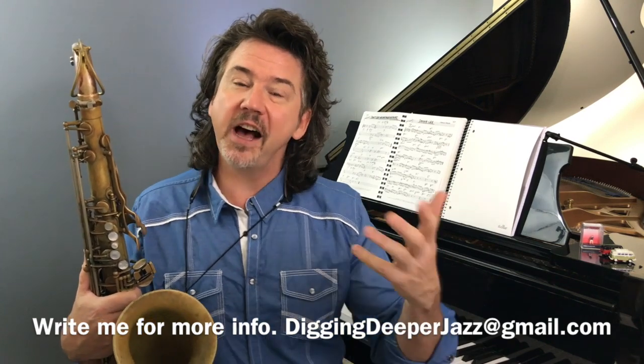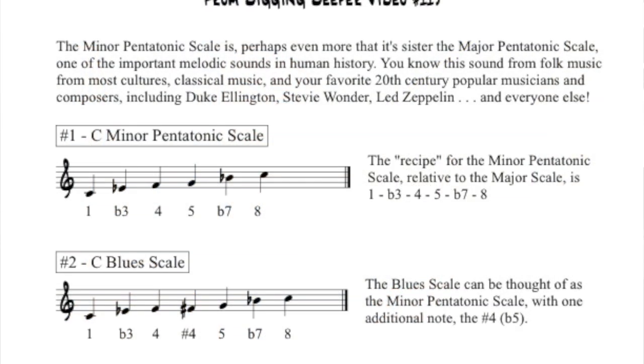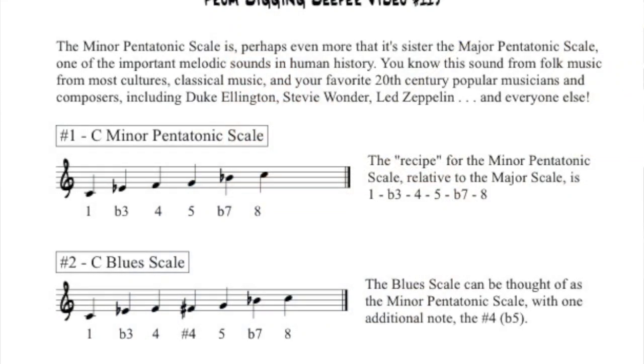So that relationship. Okay, so let's look at item number 2 on the sheet. Just a moment ago, we learned that the minor pentatonic is related to the major pentatonic scale. Well, it turns out the minor pentatonic scale is very closely related to the blues scale, another sound that many of you may know. So here's minor pentatonic again.